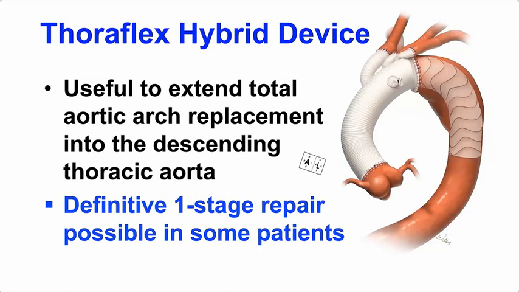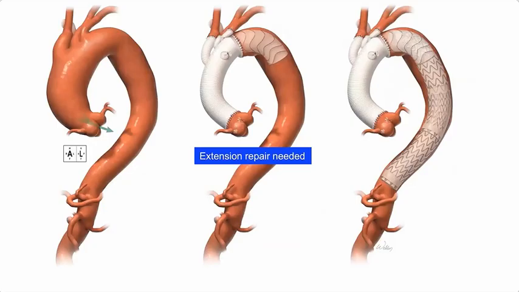If the distal anatomy is such that you can get a seal with the 10 or 15 centimeter endovascular segment, it can be done as a single stage, but more commonly, as shown in these diagrams, the endovascular stent just doesn't treat the pathology and it requires an extension.